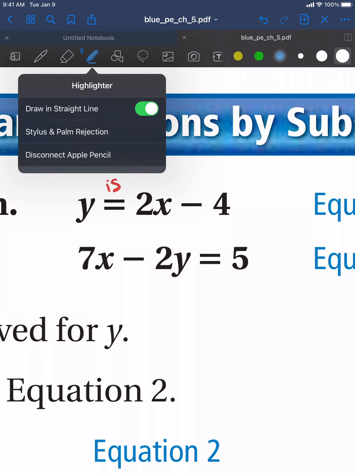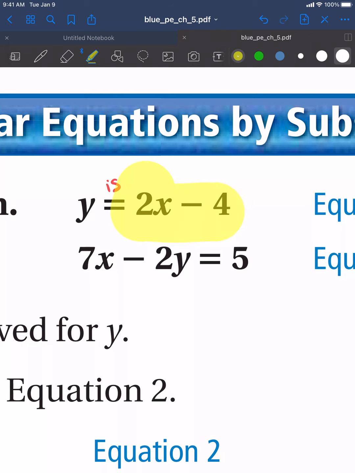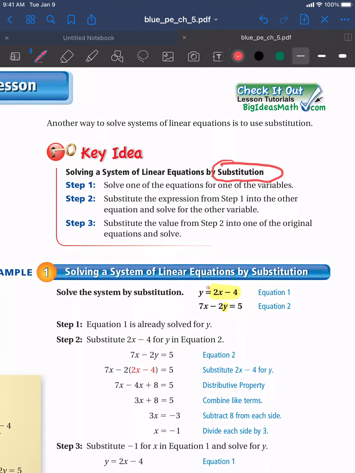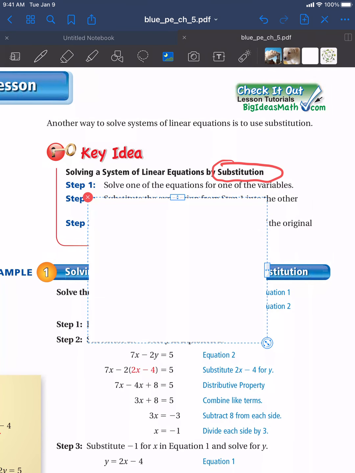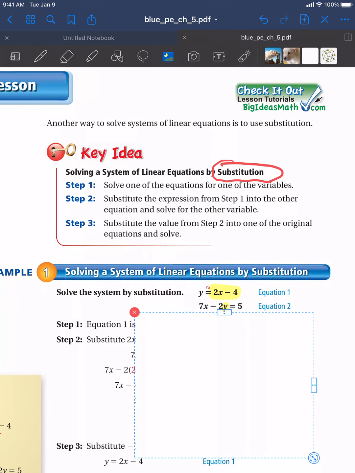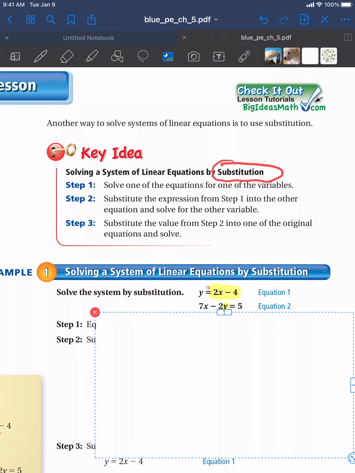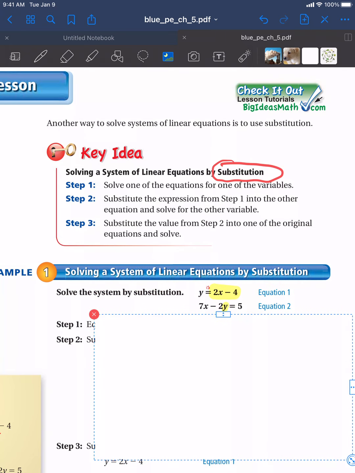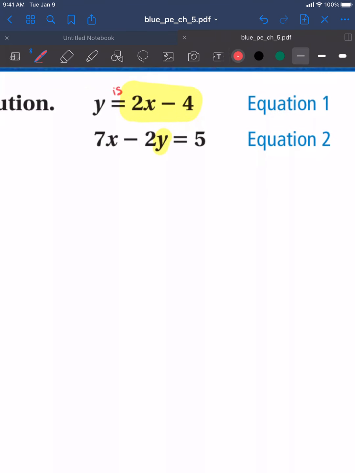Agreed? If y is this, couldn't I plug that in for y to solve for it? Yes. Okay, so if I plugged this in, let me get my white bar right here so that we can have a little workspace.